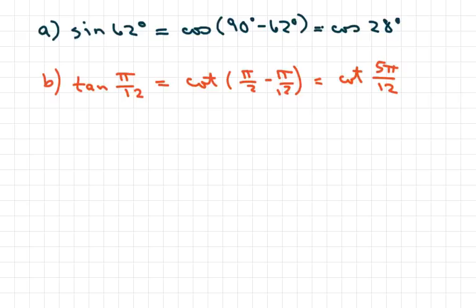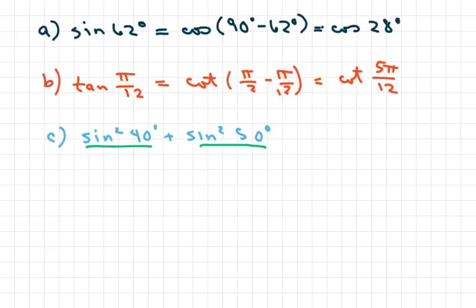And the last one, let's do degrees again. If we have something like sine squared of 40 degrees plus sine squared of 50 degrees, what I want to do is change either this one or this one to cosine.